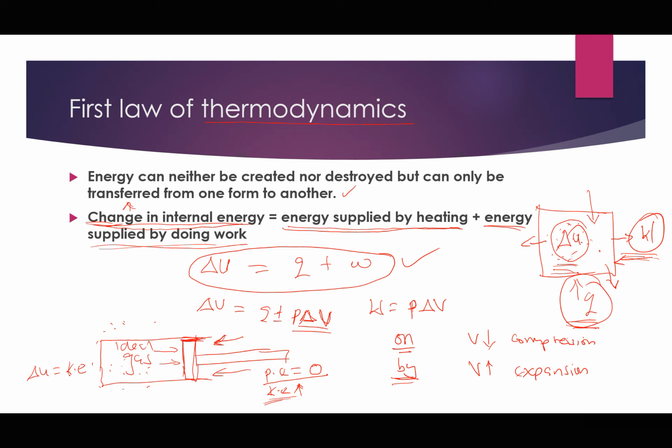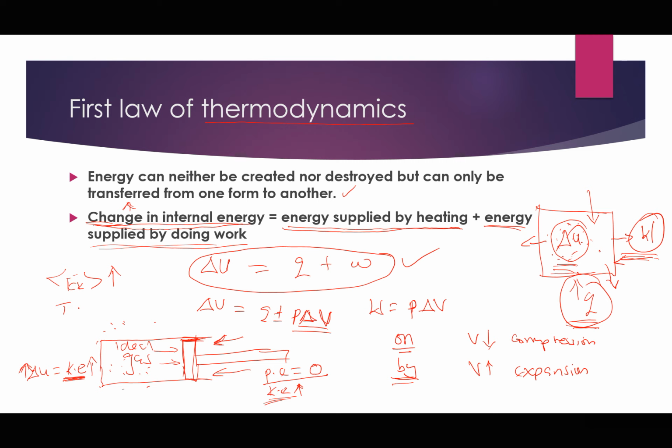That means the total kinetic energy of the molecules has increased, which means that the internal energy of the gas has increased. But remember also, if the total kinetic energy of the molecules increases, it means that the average kinetic energy of the molecules has also increased. Remember, temperature is the average kinetic energy of these molecules.